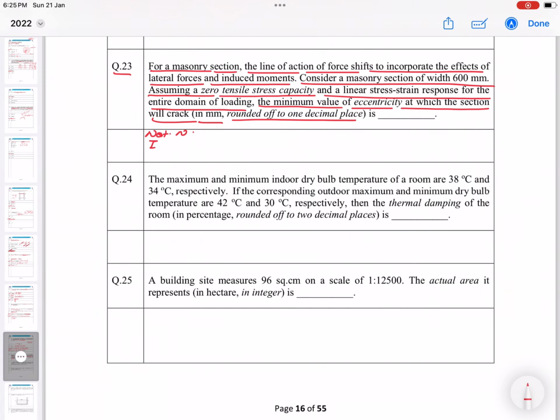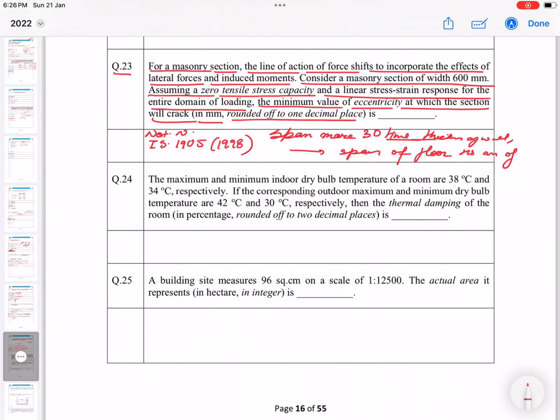According to that IS code, which is actually IS 1905, which came in 1998, Indian Standard Specification for Code of Practice for structural use of unreinforced masonry, the code states that when the span is more than 30 times the thickness of the wall, the point of application of the load shall be considered to be displaced from the center of the bearing towards the span of the floor.